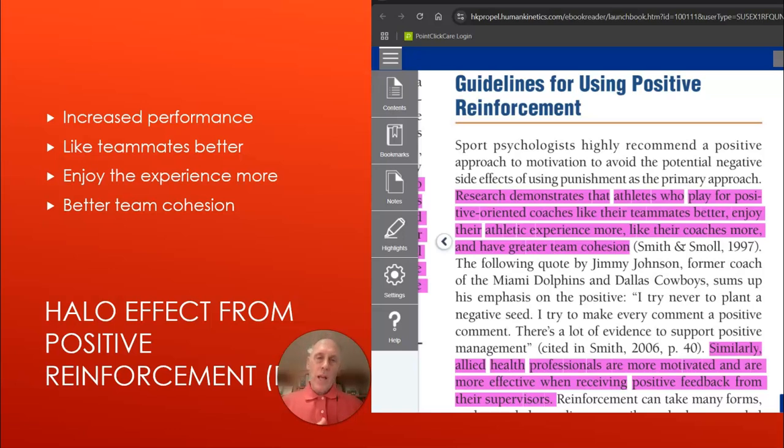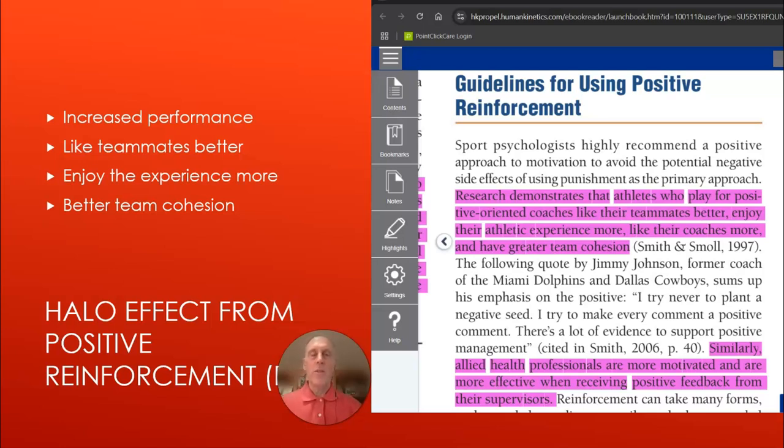Now you have a bit of a halo effect in terms of positive reinforcement. With positive reinforcement, that halo effect is not restricted to the athlete and their performance. It spills over into better performance in other areas, but also the people around them are influenced by that positive feedback.